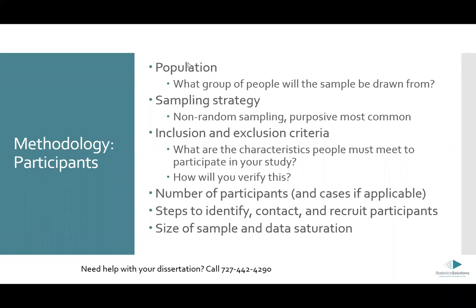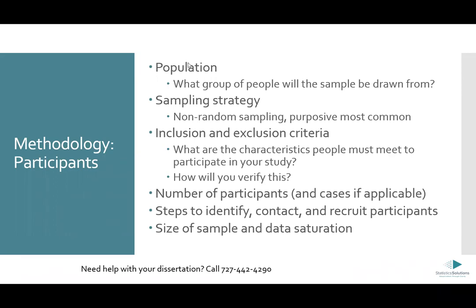So in that case, my population could be teachers at my local school district, and then the sample will be the individuals who actually participate. So I will probably have 6 to 10 teachers who I actually interview for the study. So in this section, you want to identify your population and your sample.